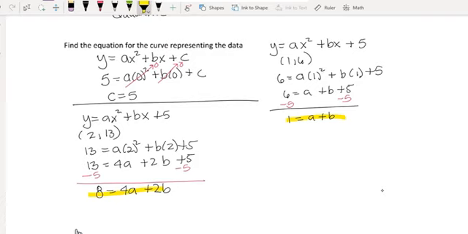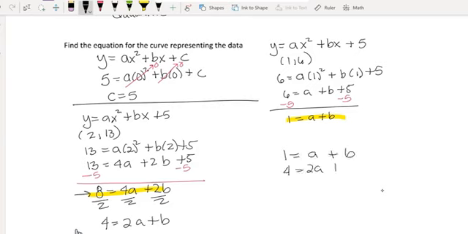Before I put them together, I know that I can either multiply both sides or divide both sides by a common number. So I notice that all of these are even numbers. I'm going to divide both sides by 2, and then I'm going to bring my equations together. Okay, I don't know if that helps, but I brought the numbers down. So I'm going to bring both equations together, and I'm going to solve using the elimination method.